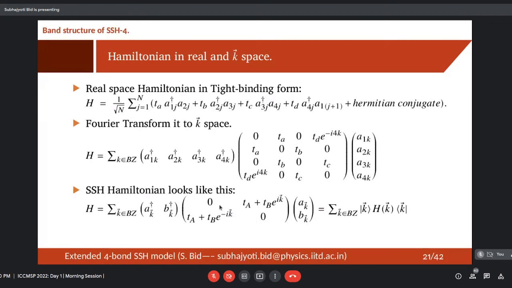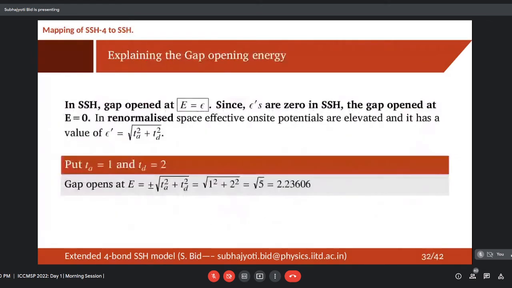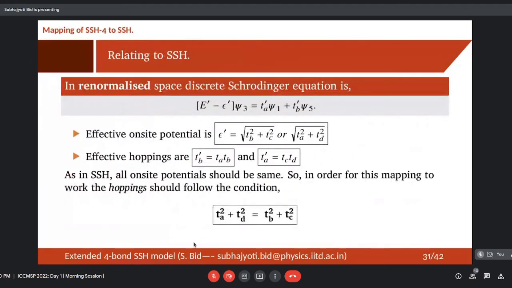This will be b and this will be a. That's why inversion symmetry will not be there. It will not be h of minus k. But if it is a and a, then again inversion symmetry will be restored. And that condition that I showed you, Ts square plus Td square, basically restores the inversion symmetry of SSH4. That's why it gives a quantized value of the Wilson loop as well as the Zak phase.